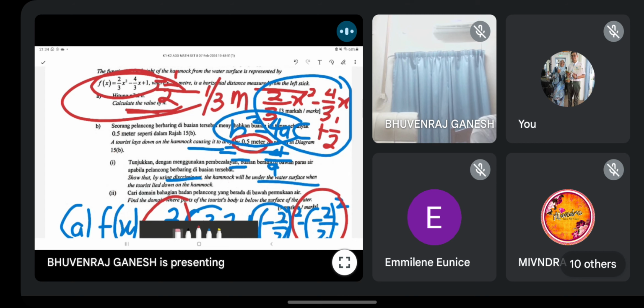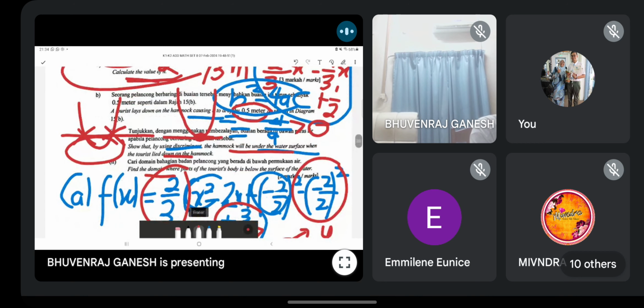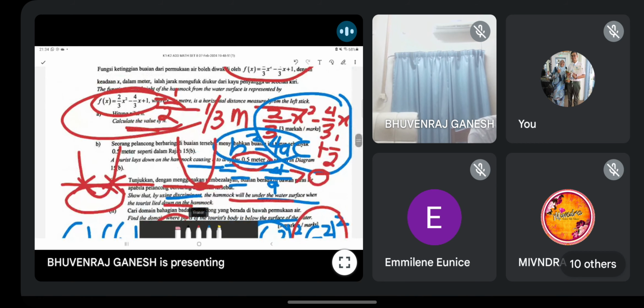Okay guys, so for part 2, they ask you the tourist body below the surface of the water. So this one, basically, you must solve the equation lah yang ni. Kamu kena selesaikan persamaan yang ini. Okay, you must get the equation. So over here, let me see.